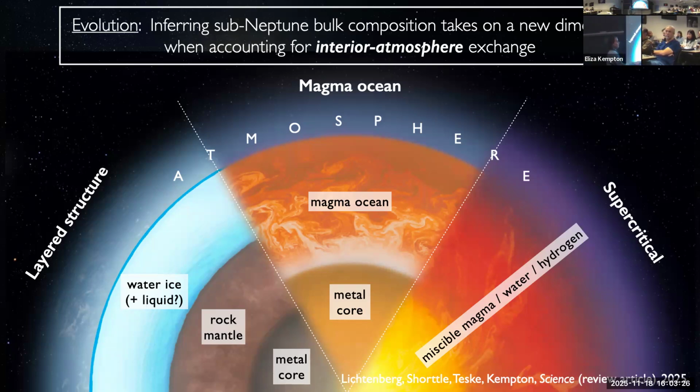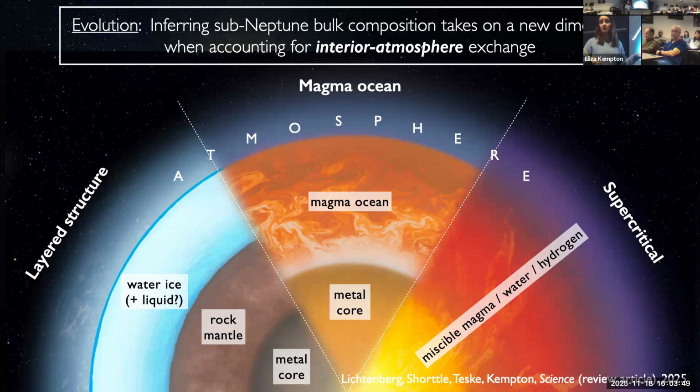And in between, we have the scenario that we think is very relevant for a lot of sub-Neptunes, which is one in which the planet is hot enough such that the rock melts into a permanent or semi-permanent magma ocean with an overlying atmosphere that could be mixed water and hydrogen.